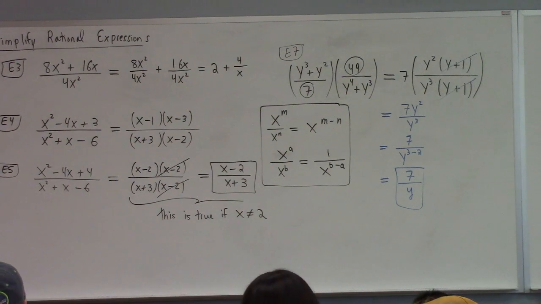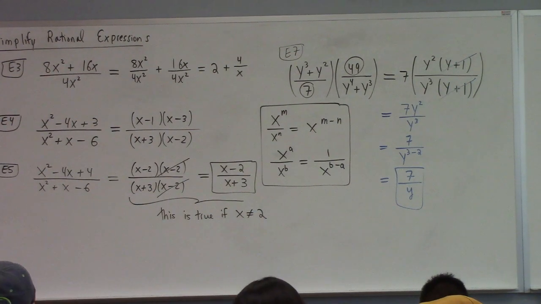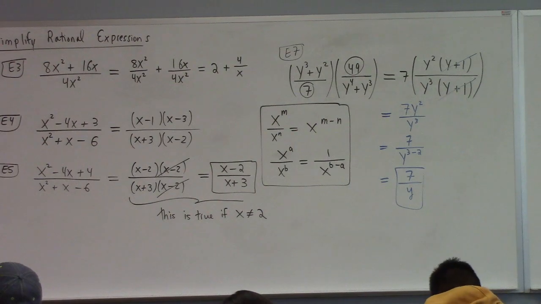We might be up against something like x squared plus 2x minus 15 over x squared plus 11x plus 30, times x squared plus 2x minus 24 divided by x squared minus 8x plus 15. See if you guys can do that one.